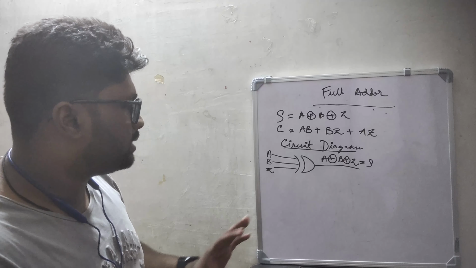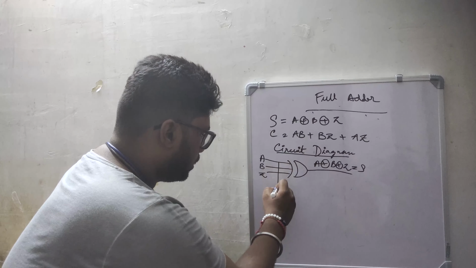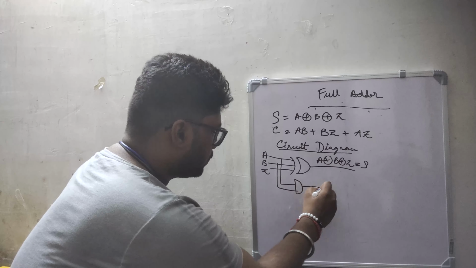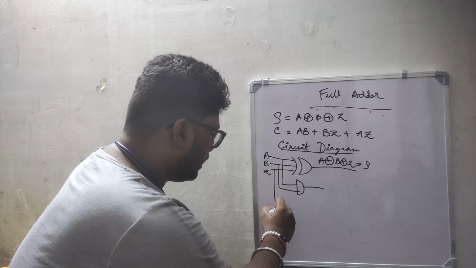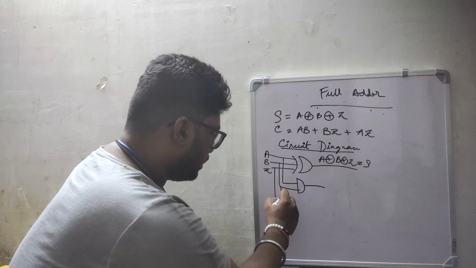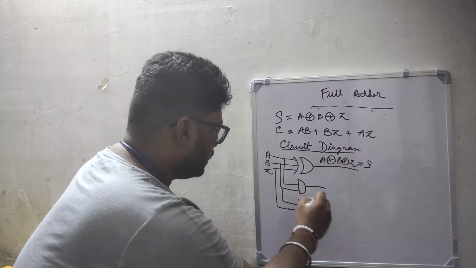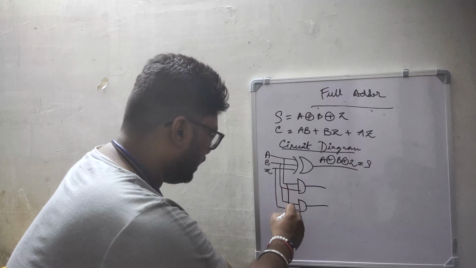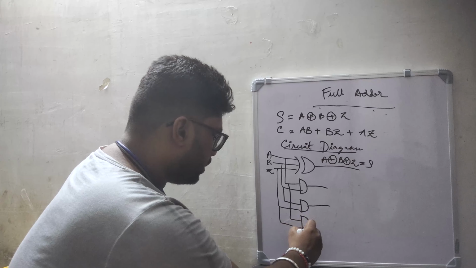Next we are going to get the C. For that we are going to pass A and B through an AND gate. Then we are going to pass B and Z through another AND gate. Here's Z and here we can take B. Lastly, we are going to pass A and Z. So we are going to take A and Z from this side and pass it through an AND gate.